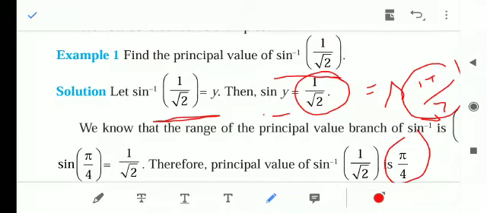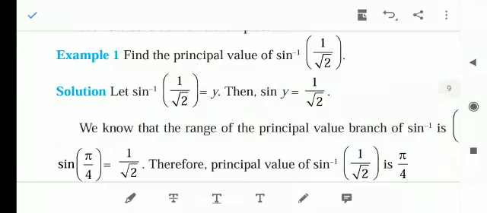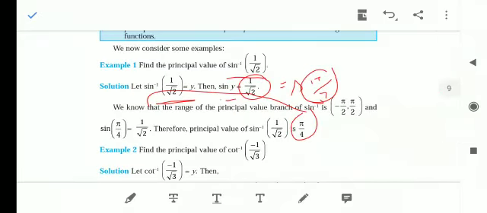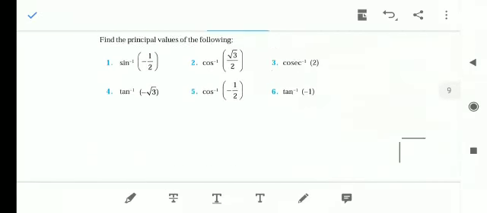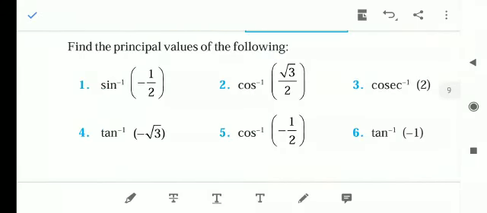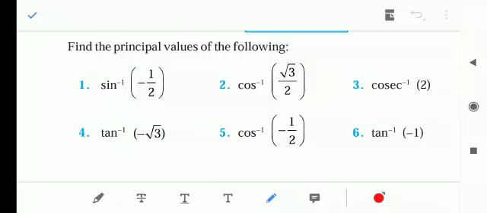Suppose we take another question based on the same concept. Look at question number 1, sine inverse minus 1 by 2. In the same way we can write sine y equals minus 1 by 2.